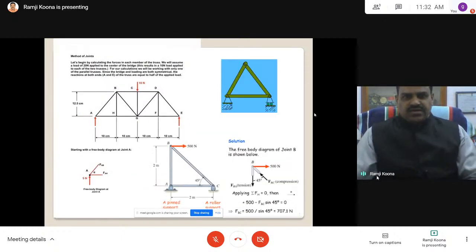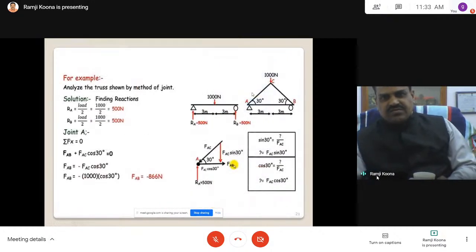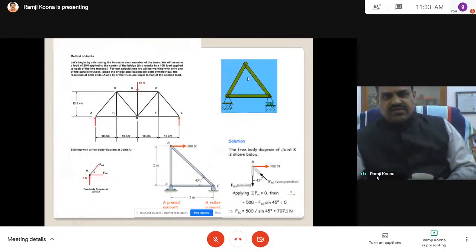Now let us consider another truss. This truss is in a simply supported condition, one hinge joint and one roller, and it is a perfect truss. Such a truss is subjected to a load. It is simply supported with two supports, a hinge and a roller, but the load is acting axially.